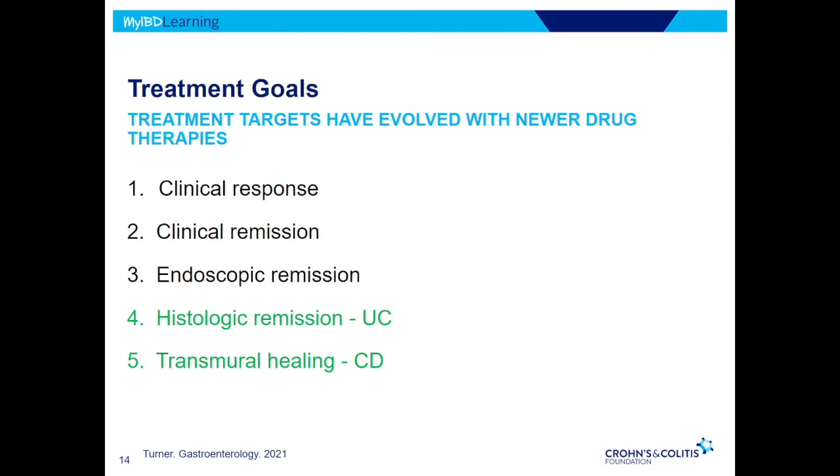And by targets in the clinical trials, they have all these definitions for what is called clinical response, what is clinical remission, what is endoscopic remission, meaning that at colonoscopy what is actually called remission. And then there are some aspirational goals now. These are not actual targets right now, but hopefully in the future we'll have these as targets so that we can change the course of the disease and impact long-term outcomes.